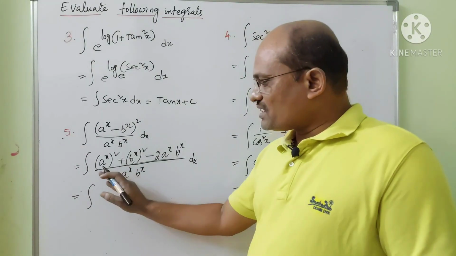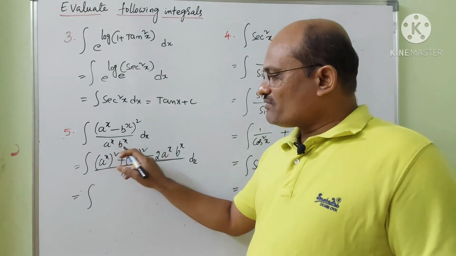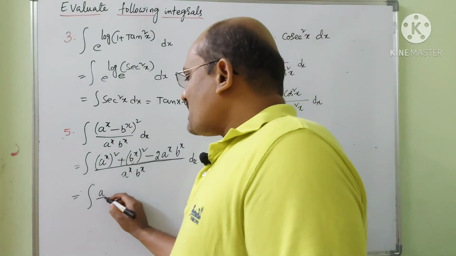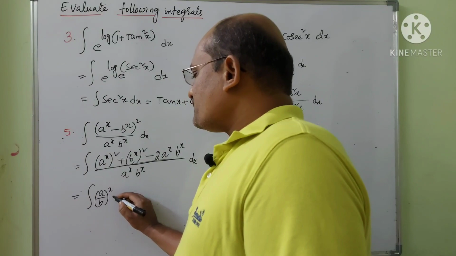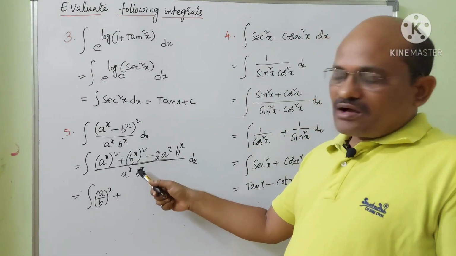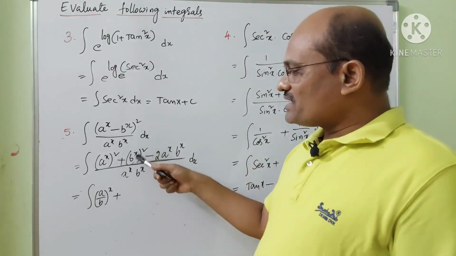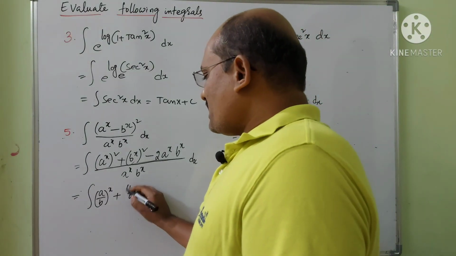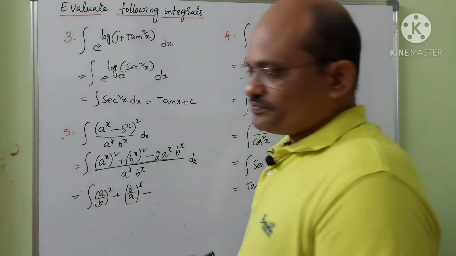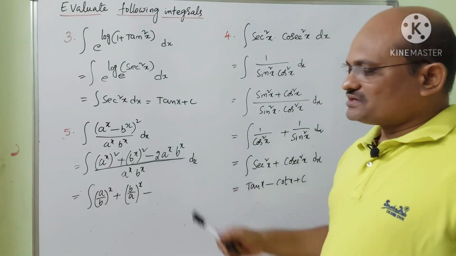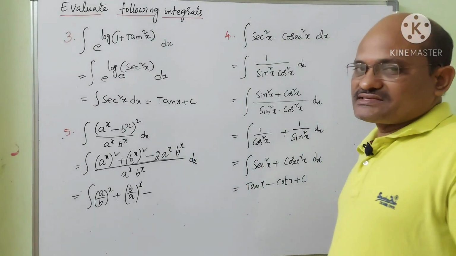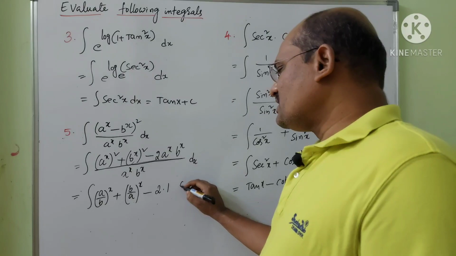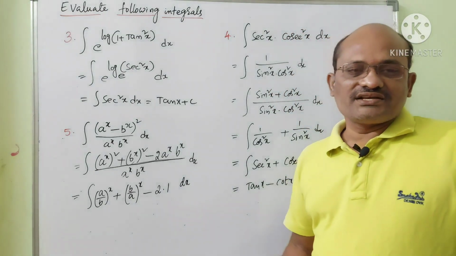For the first term, one a power x gets cancelled and you will get a power x by b power x, which can be written as a by b whole power x. For the second term, one b power x gets cancelled and you will get b power x by a power x, that is b by a whole power x. For the third term, a power x and b power x get cancelled, and you will get 2 into 1, dx. Now go for integration.